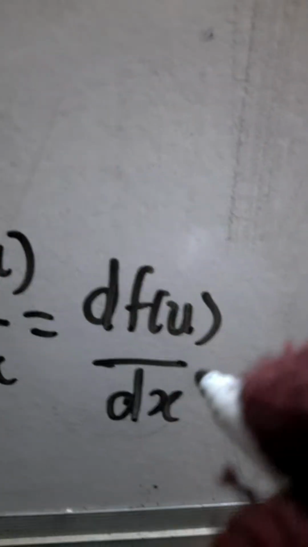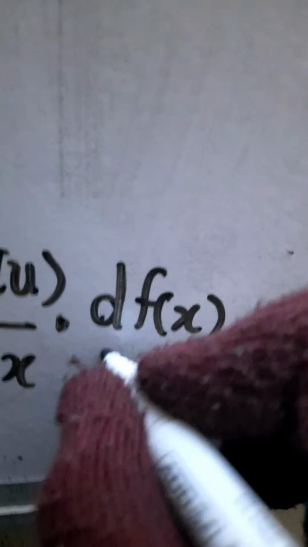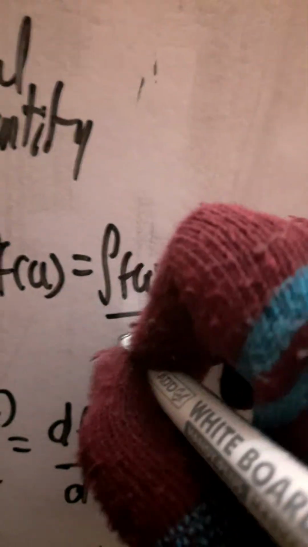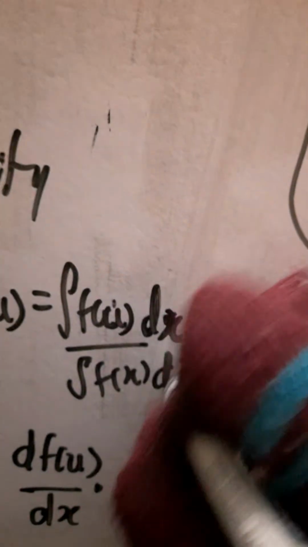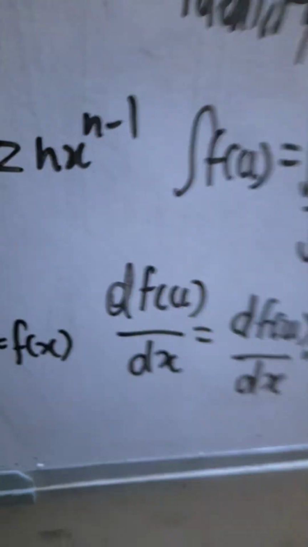Now it is extracted. Now inside there is f of x. Now we would do df of x and multiply it with df of x by dx, okay? Now this is the chain rule. If this was integration, it would have been the integration of f of u divided by the integration of f of x dx, okay? Because this is the antiderivative, that's how it works.